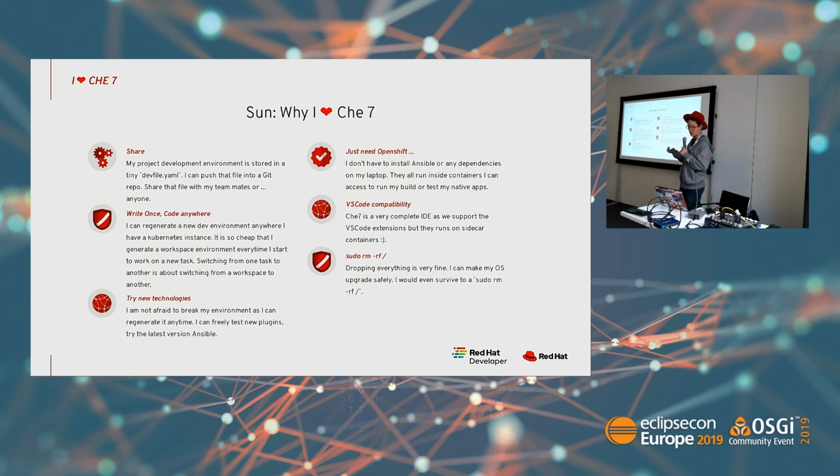You just need a Kubernetes or OpenShift to run Che. No need to install new tools on your computer. These are the only things that we need to run Che. The VSCode compatibility, of course. So we have a lot of features that come with the VSCode marketplace.